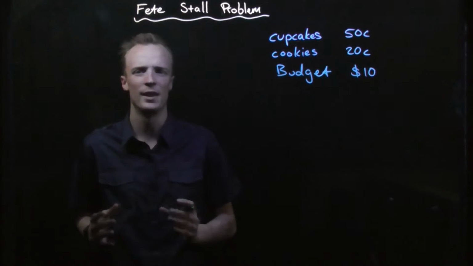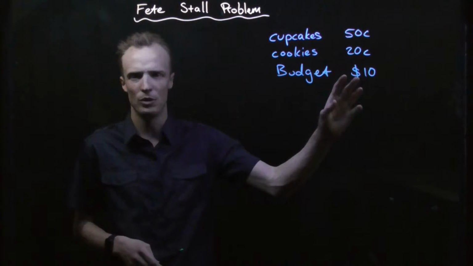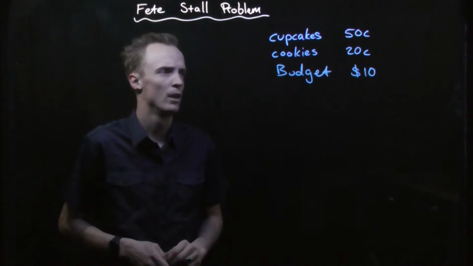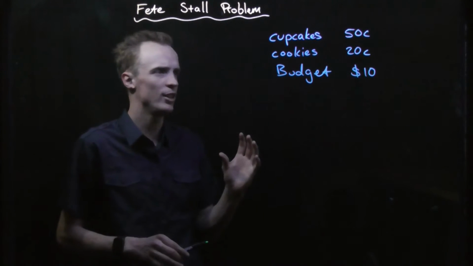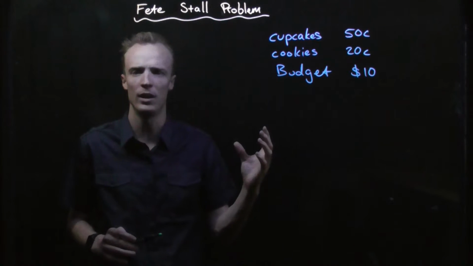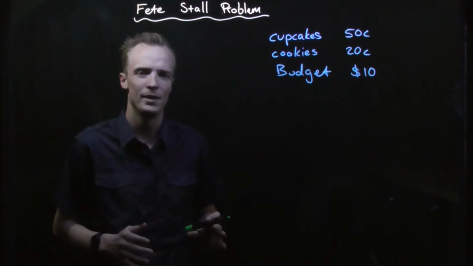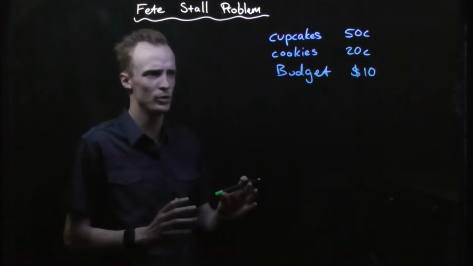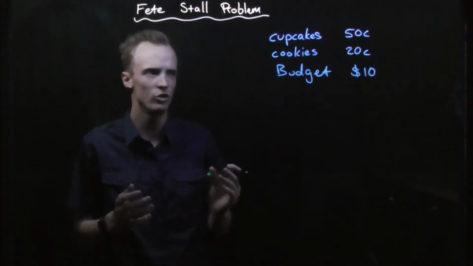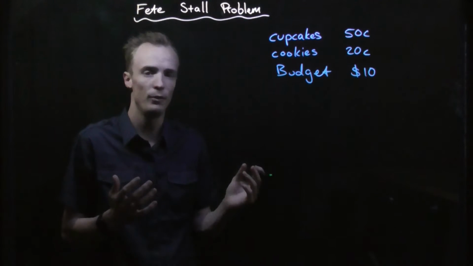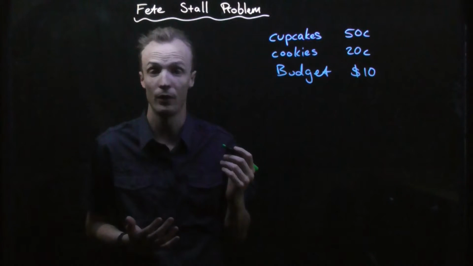So what I want to know today is, if I was to use all my budget, what sort of combinations of cupcakes and cookies could I get? So our first option would be to spend all of our budget on just getting cupcakes. Now if we were to do that, how many cupcakes could we buy?